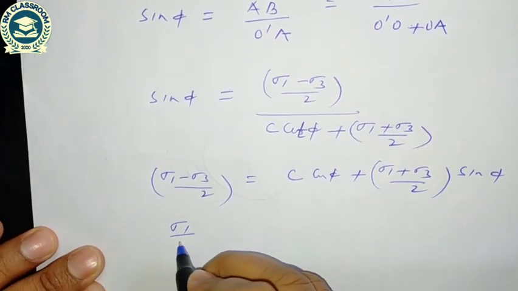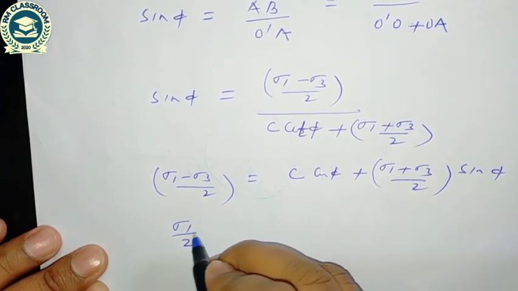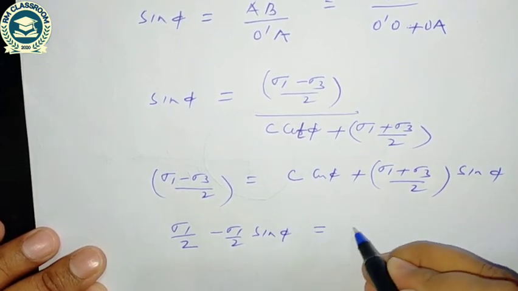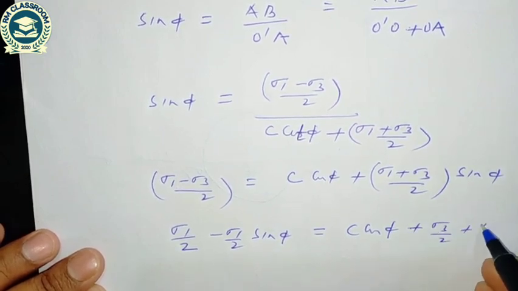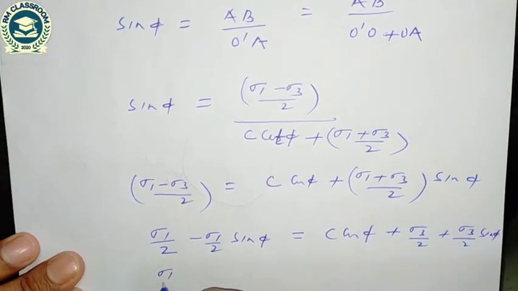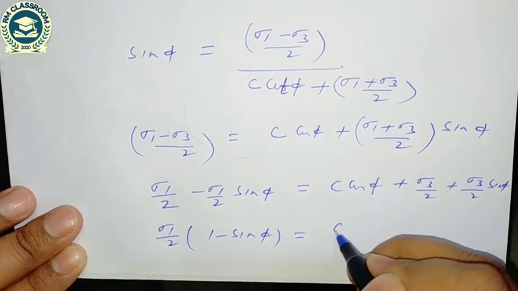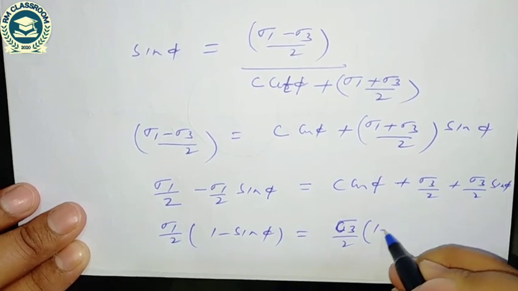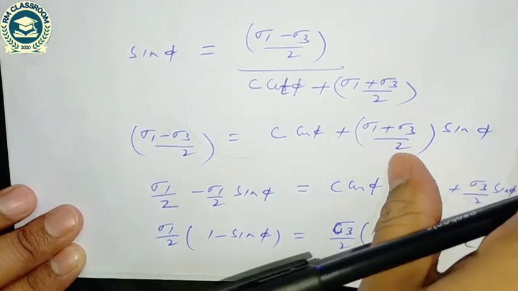So sigma 1 by 2 sin phi is equal to C cos phi plus sigma 3 by 2 plus sigma 3 by 2 sin phi. So if I take sigma 1 by 2 common, then 1 minus sin phi is equal to sigma 3 by 2, if I take common, 1 plus sin phi plus C cos phi.